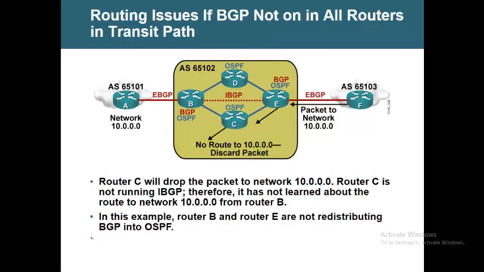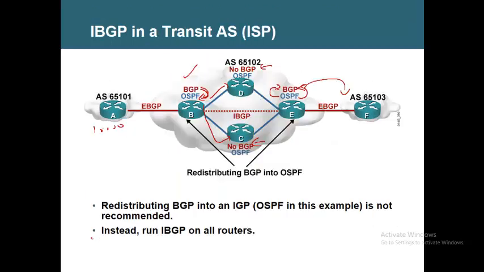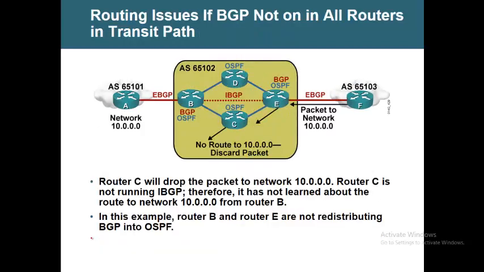One is, you cannot redistribute. Not a good idea. Not recommended. The other one is, because there's a black hole in the middle, we need to run BGP on every router.